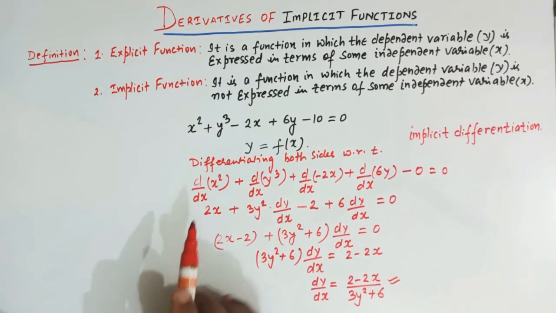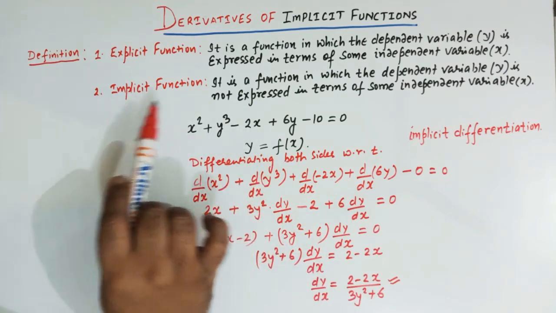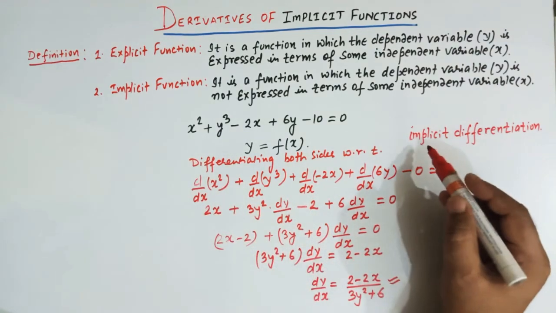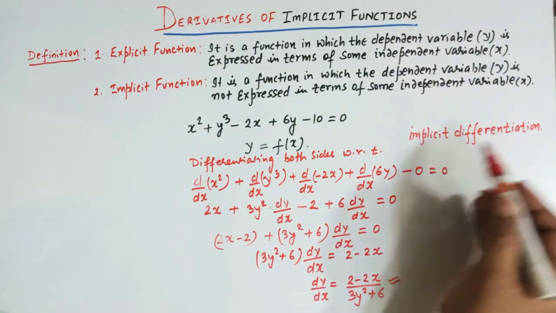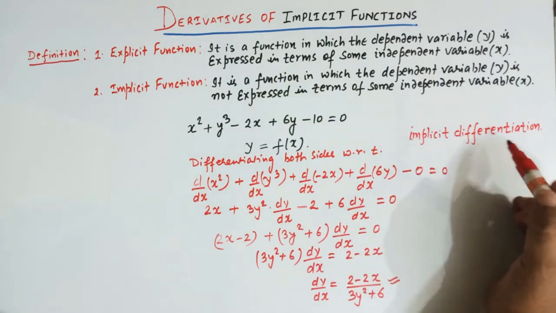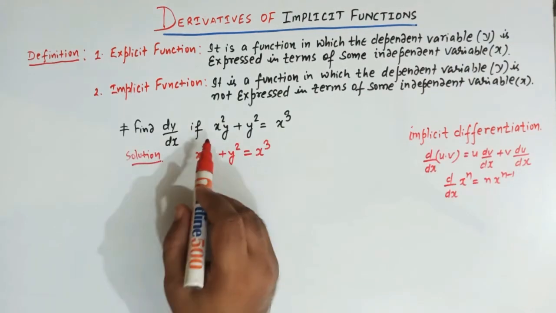So viewers, the process of differentiating an implicit function is known as implicit differentiation, and by implicit differentiation we get the derivative of y with respect to x. Now let us take one more example.